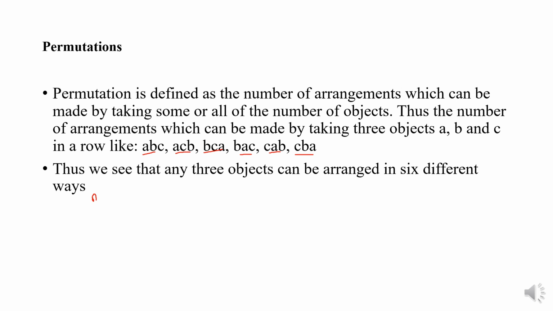When there are n different objects, the permutation of all of them at a time is denoted by nPn. This is the first case. The second one is the number of permutations of n different objects taken r at a time.